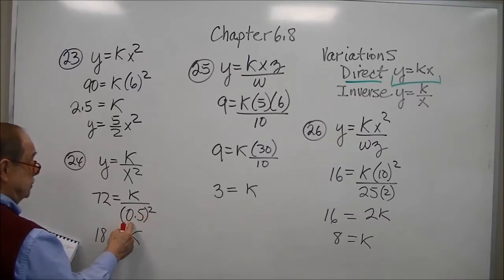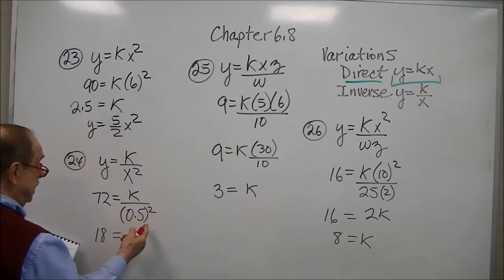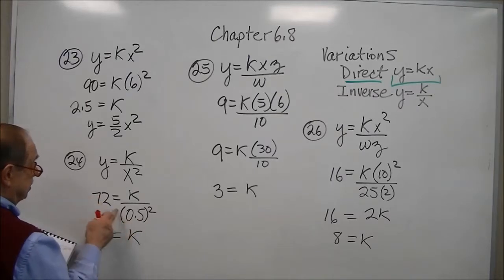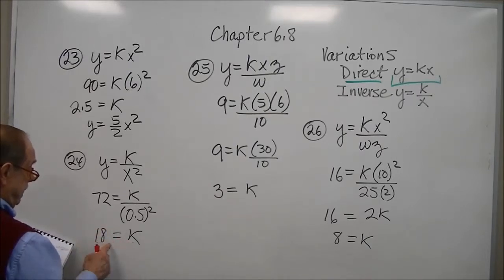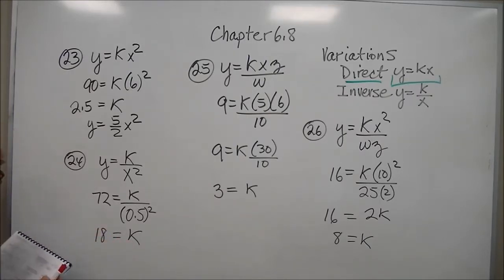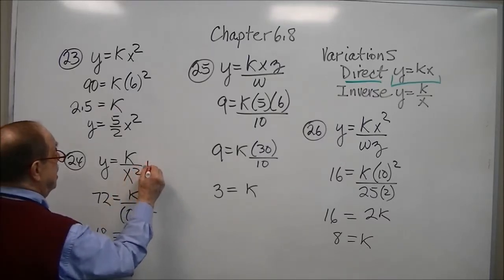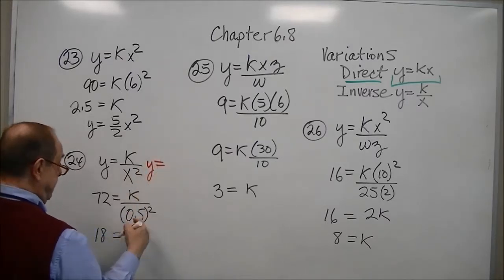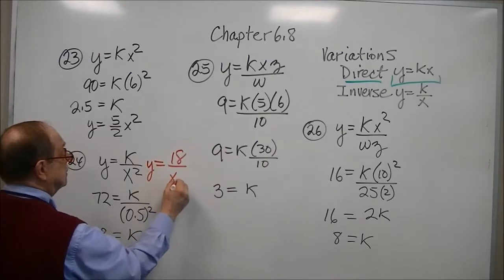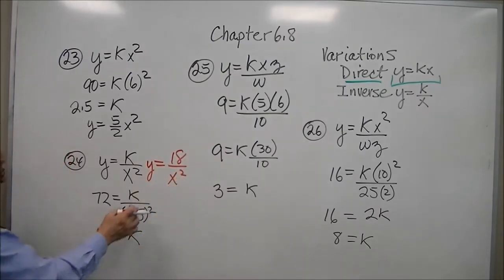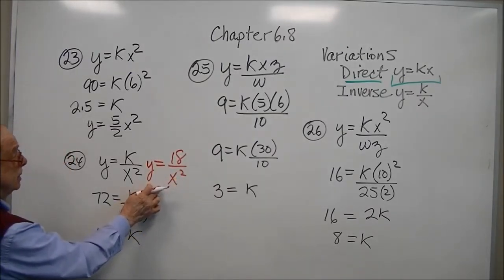So this will give you 0.25. And then you're going to multiply both sides by 0.25, and you get k equals 18. So what would the formula be here? Well, the formula is going to be y equals k now. We know that is 18 over x squared. Remember, this is an important part of the answer.